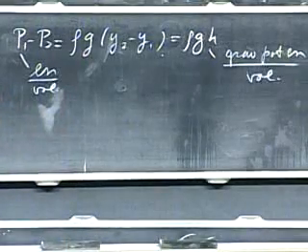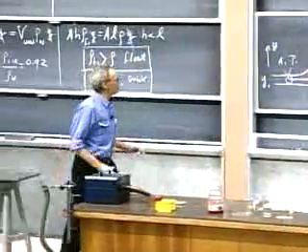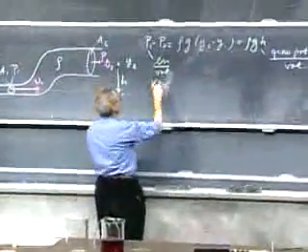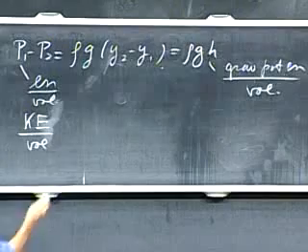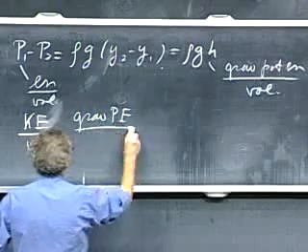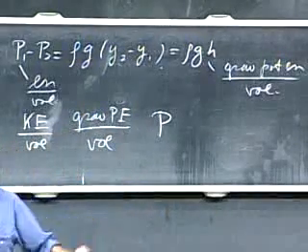And if we now set this whole machine in motion, then there are three players. There is on the one hand kinetic energy of motion, which I take per unit volume. There is gravitational potential energy, which I will take per unit volume. And then there is pressure. They are equal partners.